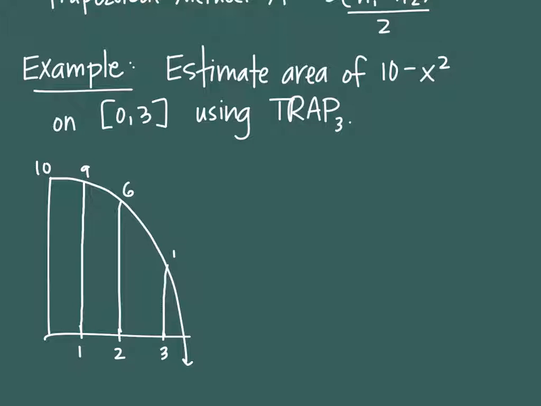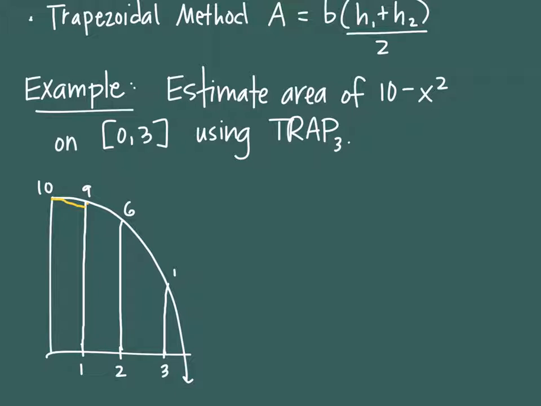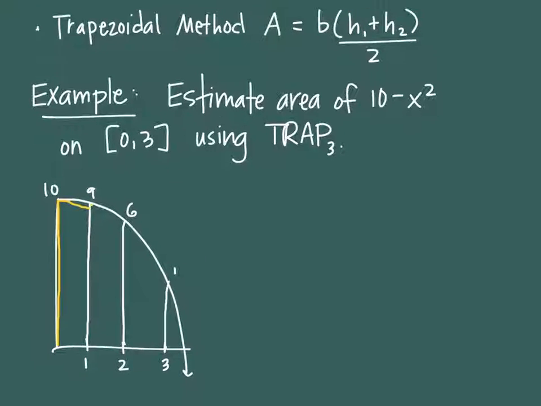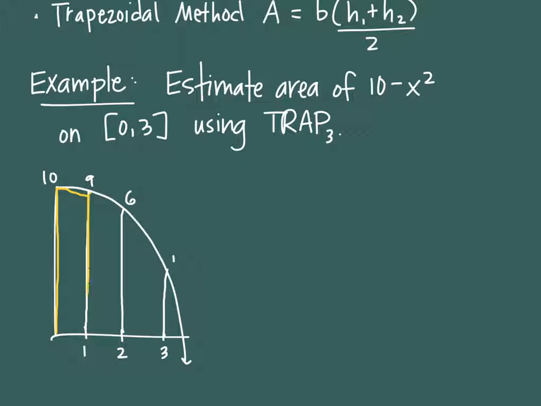So we are going to create now trapezoids in each section. So I'm going to connect the 10 to the 9 and then create a trapezoid. So there is some missing space here. So is my trapezoid too small or too big? This is too small. All of the trapezoids will be too small.